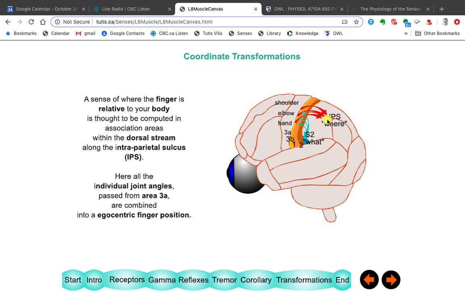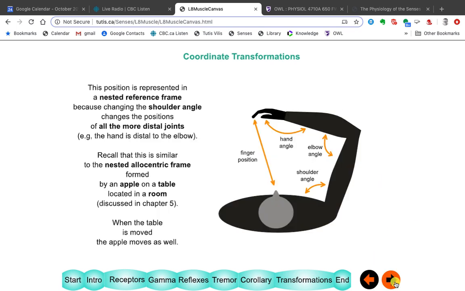So it tells you where your finger is relative to you, your own body. Now, one of the things is, this is a nested reference frame.